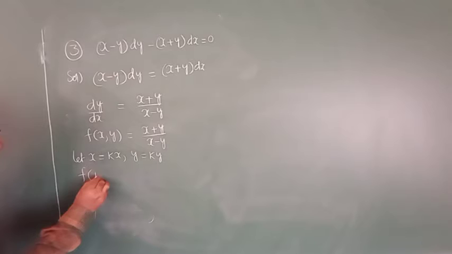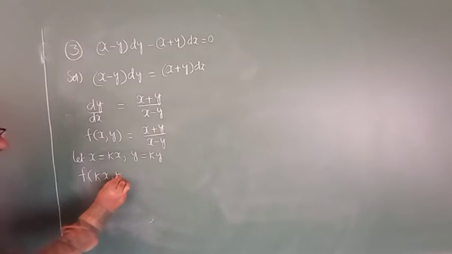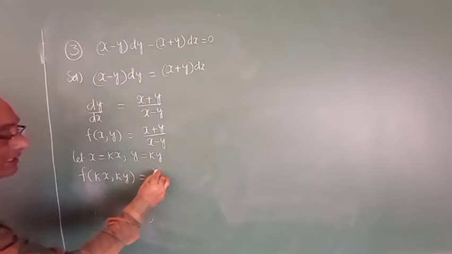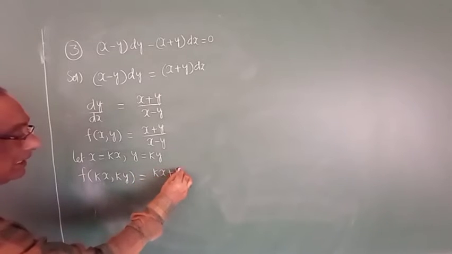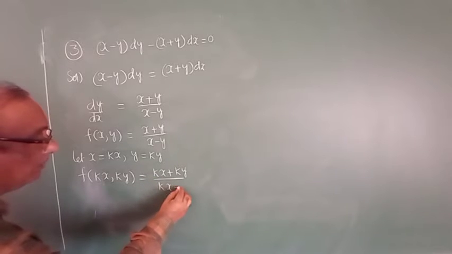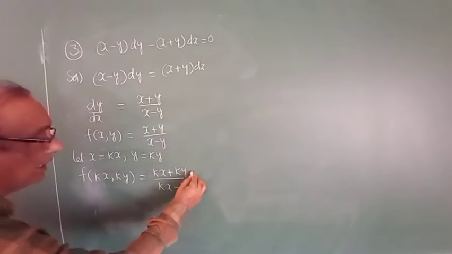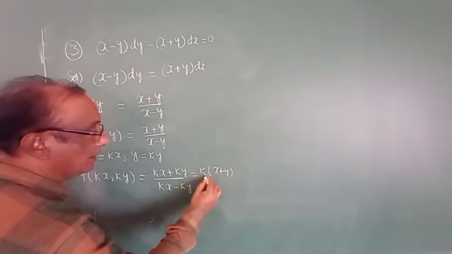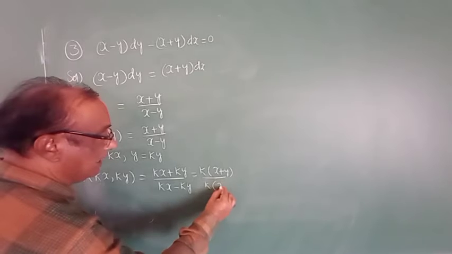f of kx comma ky. Now substitute. So x place is kx, y place is ky, by x place is kx, y place is ky. K take common. So (x plus y) by k common (x minus y).